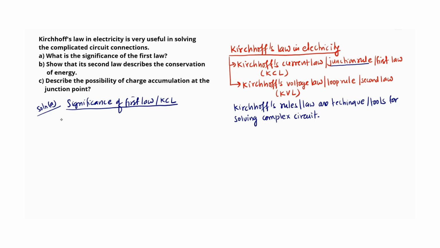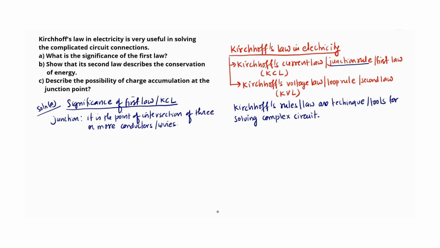So let us understand what a junction is, okay? So a junction is the point of intersection of minimum three or more conductors or wires. So we have this.